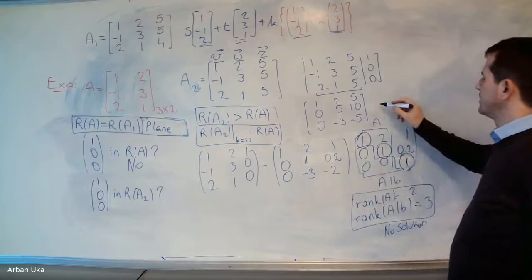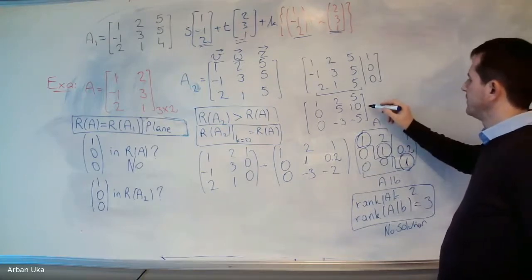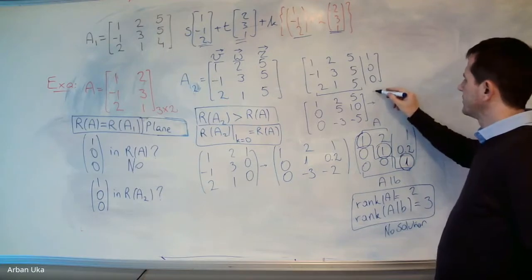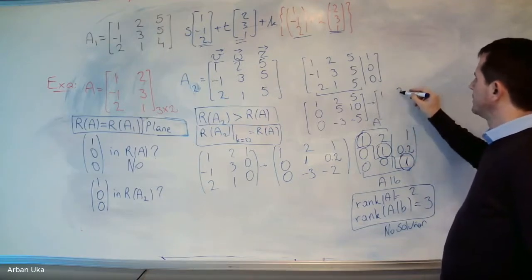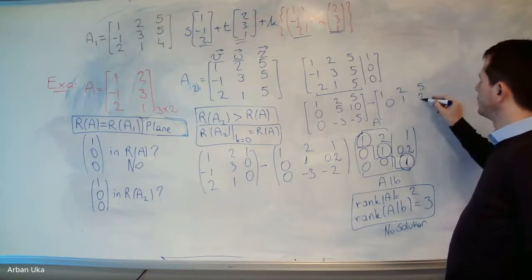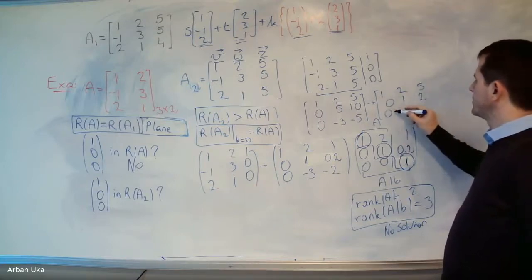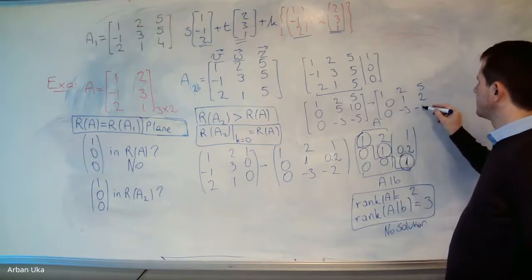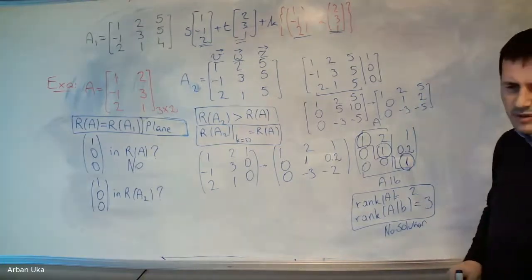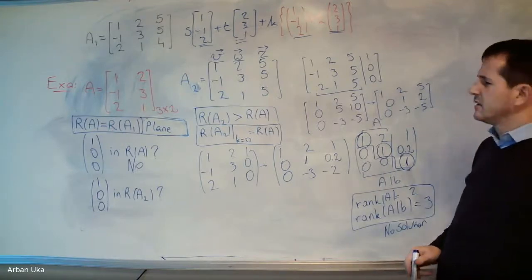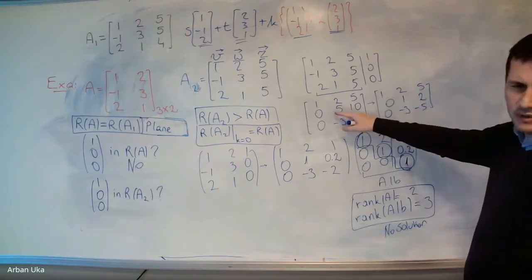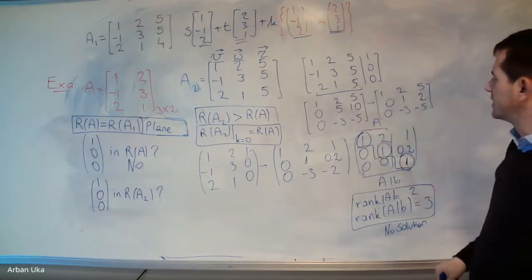Okay, and then the next step would be 1, 2, 5, 0, 1, 2, and this would be 0, minus 3, minus 5. Now, we are trying to find a determinant, but how? By obtaining an upper triangular matrix from the initial matrix.